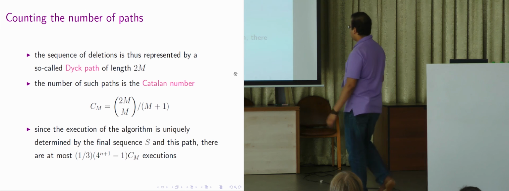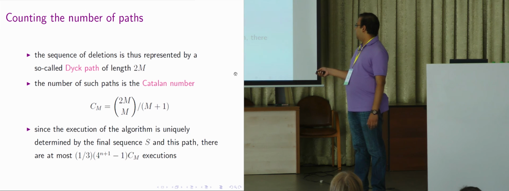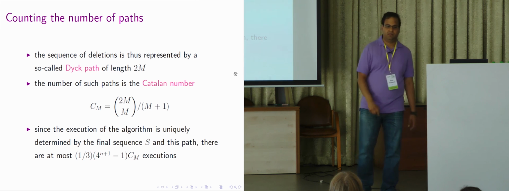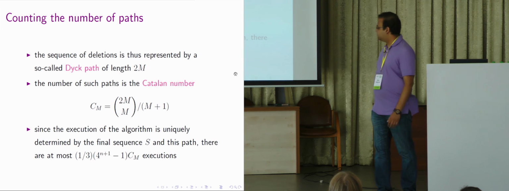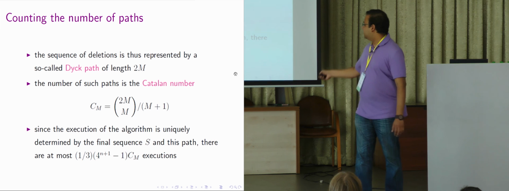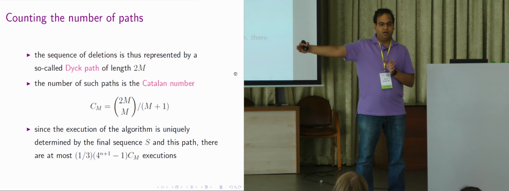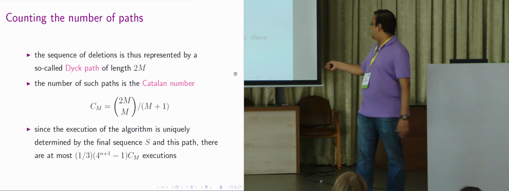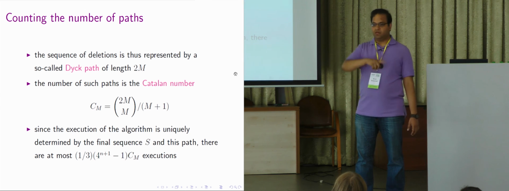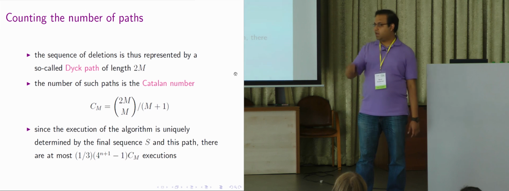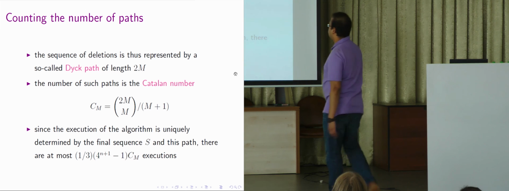So there are at most, let's say, this many strings of length less than, I guess this would be less than or equal to n. Maybe I should change that exponent, but anyways, you get the idea. There are at most this many sequences S that I can end up with, and then there are at most this many of these Dyck paths that count insertions and deletions.